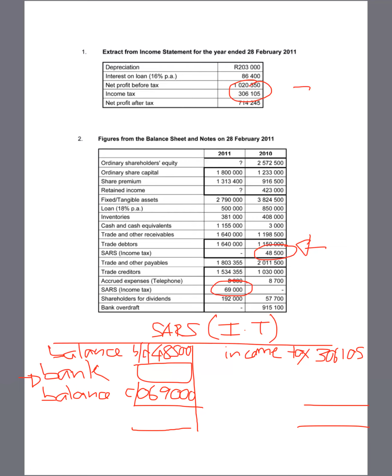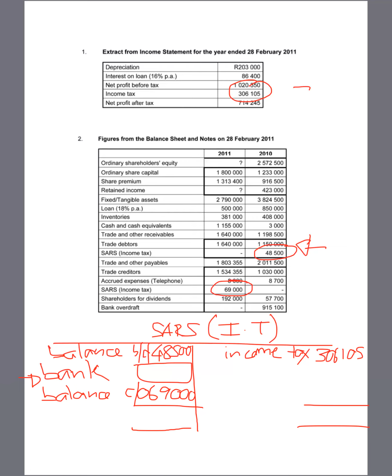Yes. It will give us 237,105, which is what we're recording in the bank.